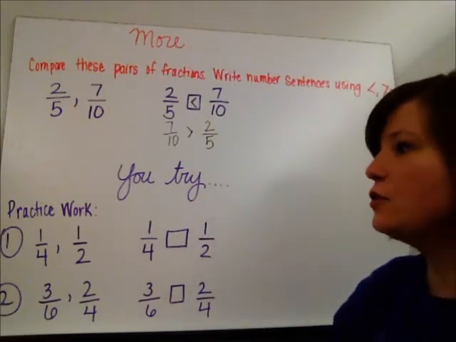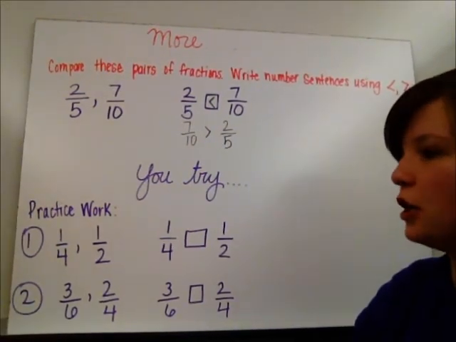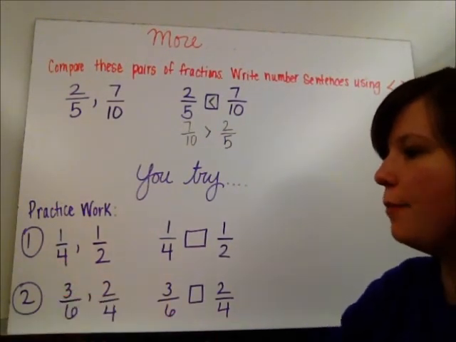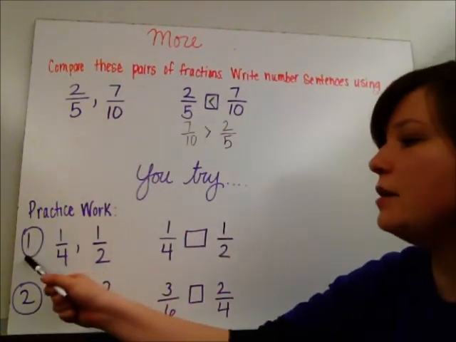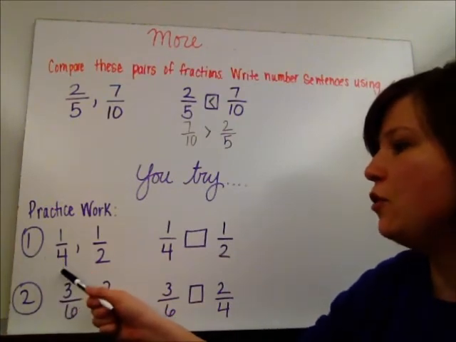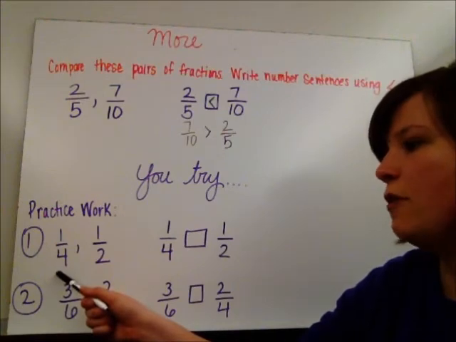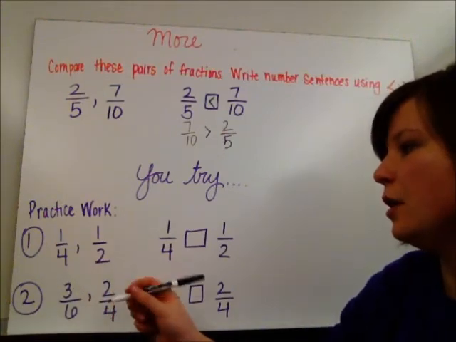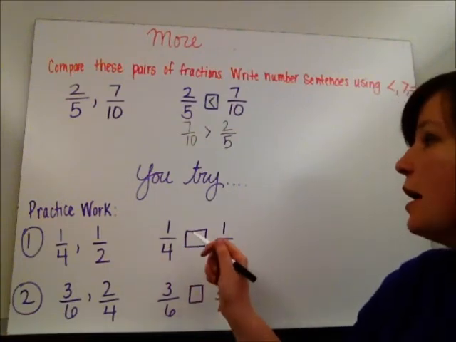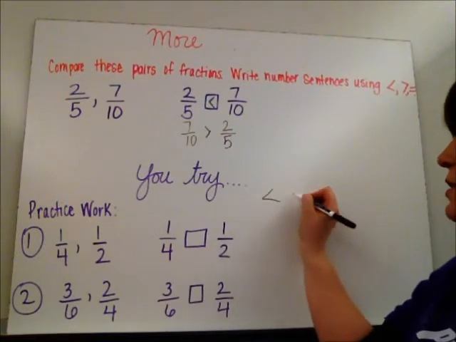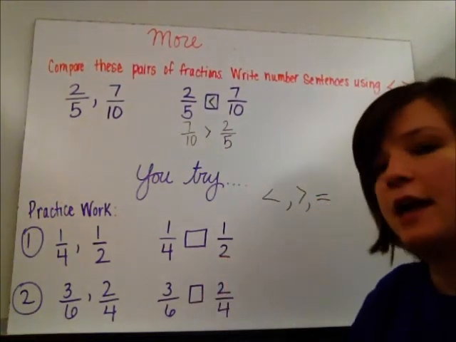So now it's time for you to try. In the practice work part of your note catcher, I want you to try these two problems. Same directions as up here. You're going to write number 1 and your pair of fractions: 1/4 and 1/2. So you're going to write 1/4, leave a space to write either greater than, less than, or equal to, and fill that in.